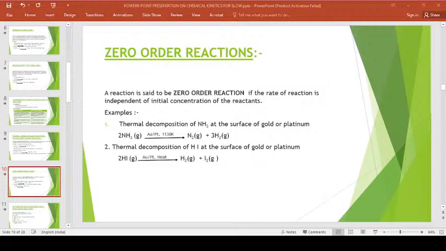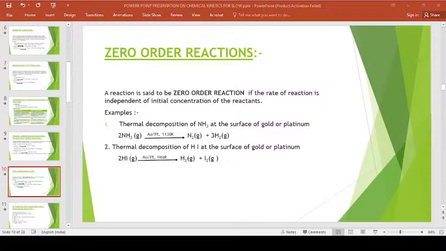For this gaseous reaction, the integrated equation is found as k equal to 2.303 divided by t, log of Pi divided by Pa, which is equal to 2.303 divided by t, log of Pi divided by twice Pi minus Pt.